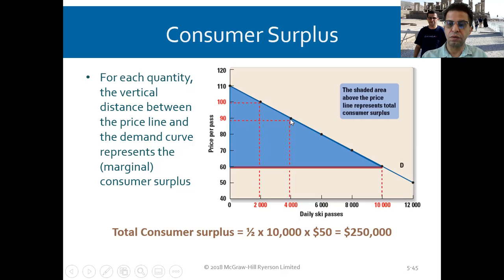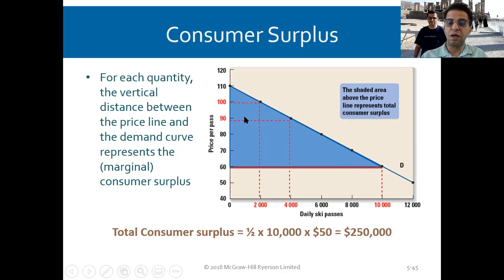Let's assume you're willing to pay $90 to buy 4,000, and you're willing to pay $100 for 2,000. And you went to the store and the price in the market was actually lower.